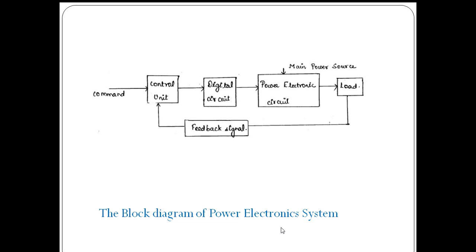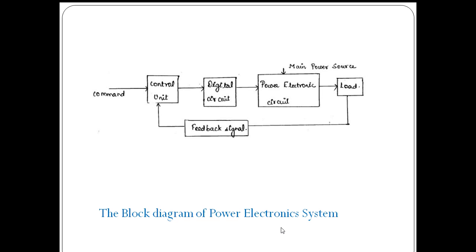The block diagram of a power electronic circuit mainly consists of a control unit, a digital circuit, and a power electronic circuit which is connected to the load, and from the load we are taking the feedback signal.